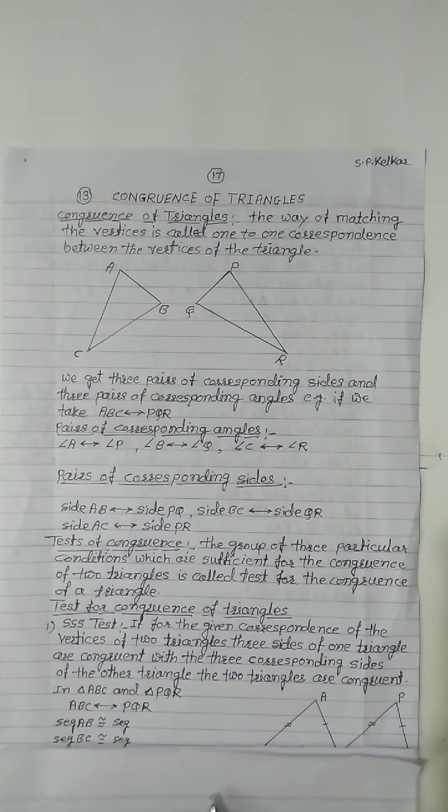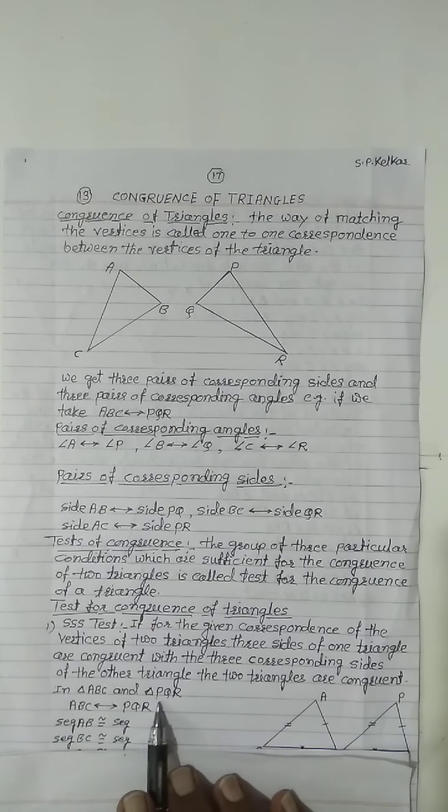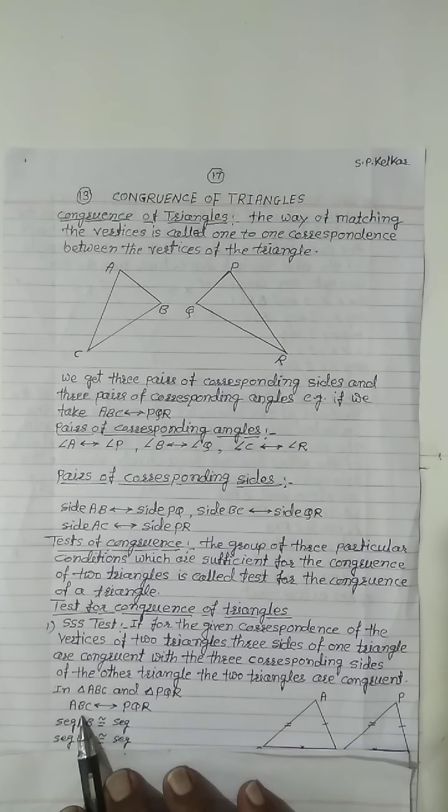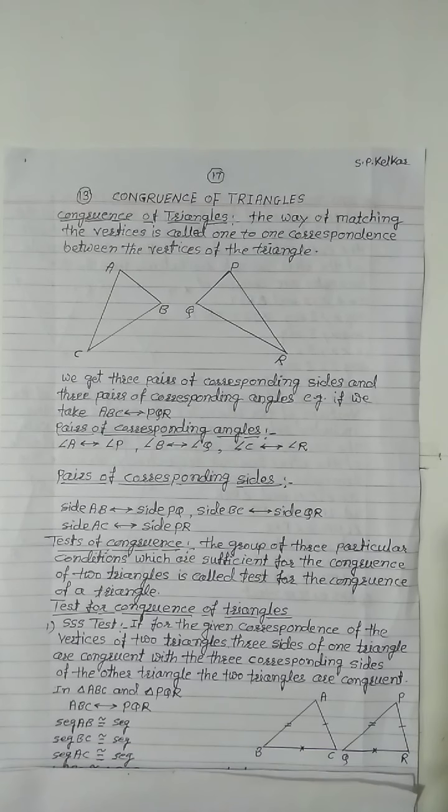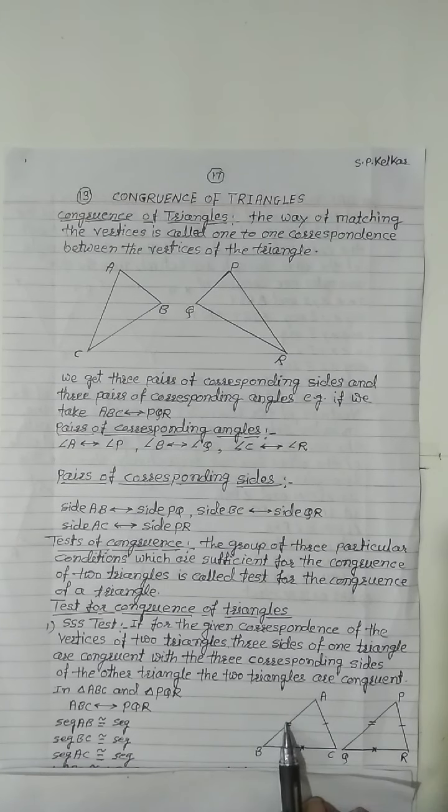See the example in triangle ABC and triangle PQR. ABC one-to-one correspondence PQR. In this figure, see this side AB. Here we mark PQ, meaning AB and PQ are matching sides. AC and PR are also matching, so they are congruent sides. Then BC and QR are congruent.